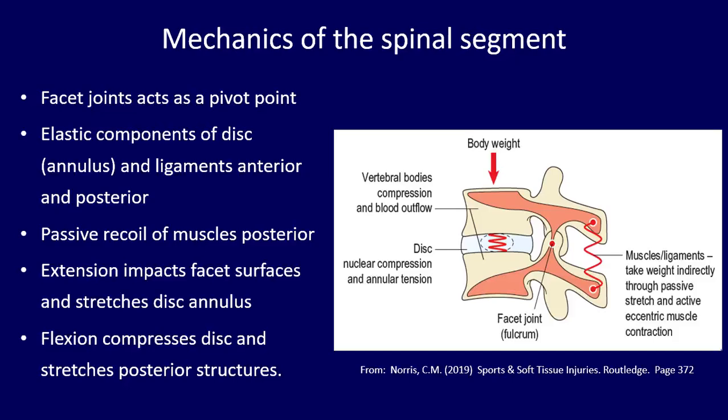So in front we have the spinal disc itself with its spongy nucleus and its fibrous outside casing, the annulus. And behind the pivot point we have the ligaments and muscles of the spine itself.